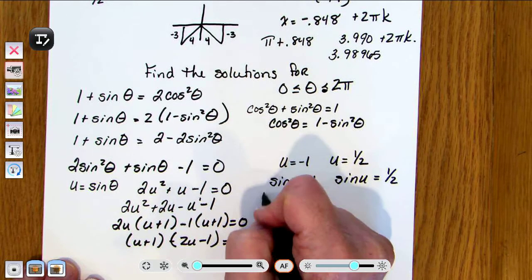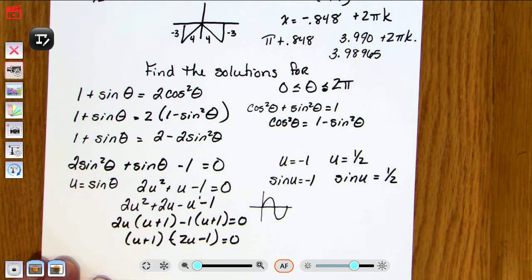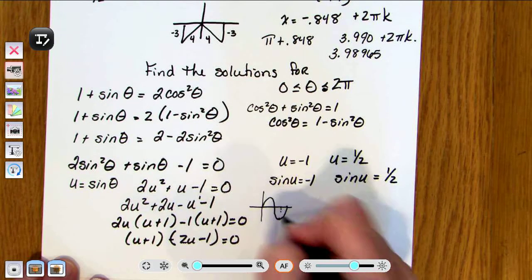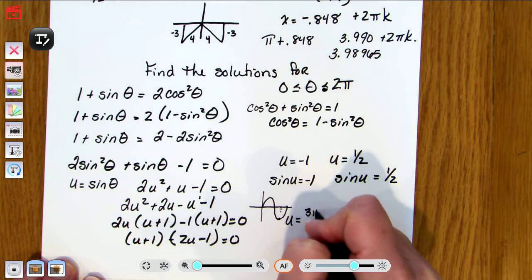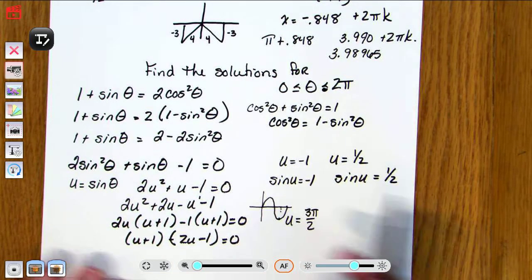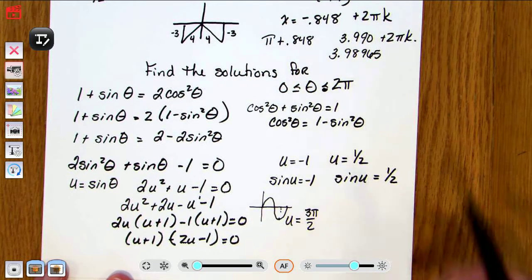Or I always think of my sine curve. You know, where is it negative 1? It's down here, which means that is my 3 pi over 2. And since I'm only looking between 0 and 2 pi, that is my only solution.